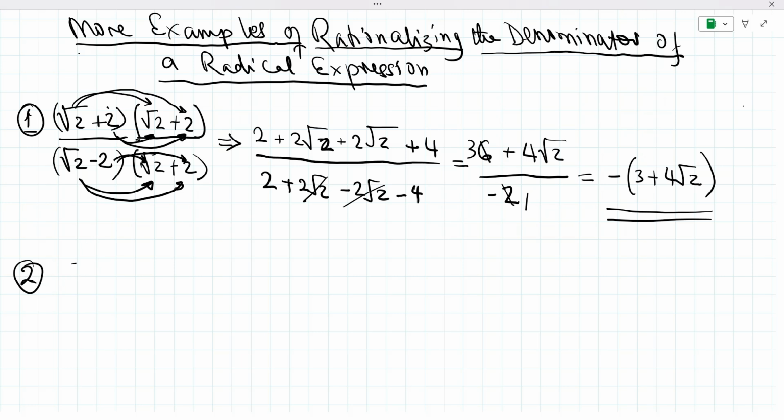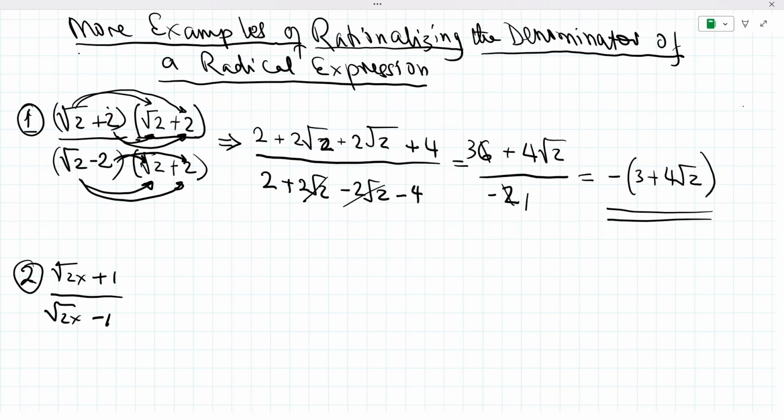Let's suppose we have root 2x plus 1, and this is being divided by root 2x minus 1. Again, if we are supposed to rationalize the denominator, we have to multiply the denominator by its conjugate. And what you do to one part of a fraction, you must do to the other.